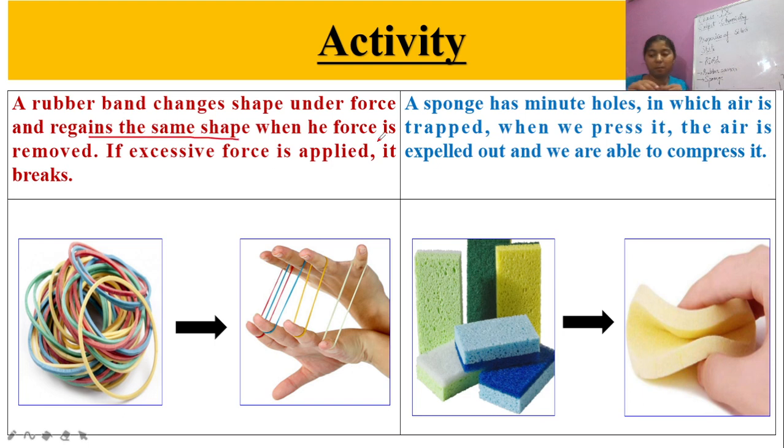When I apply some force, it changes its shape, but when I leave it, it regains its own shape. Whenever you remove the force, it comes back to its own position. And if we apply excessive force, it tries to break. Look carefully at how much force you have to apply for this, right?